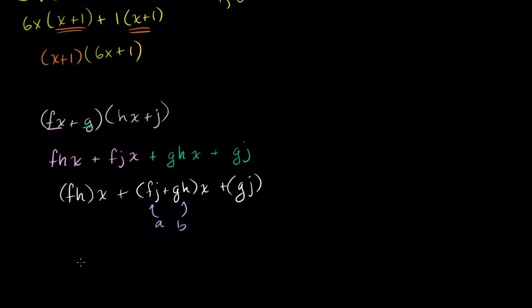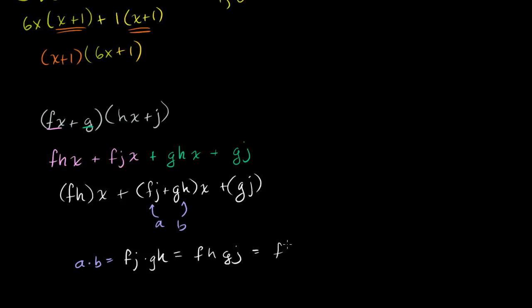And then what is a times b? A times b is going to be equal to fj times gh, which we could just reorder, since we're just multiplying a bunch of terms. That could be rewritten as f times h times g times j. Well, what is fh times gj?